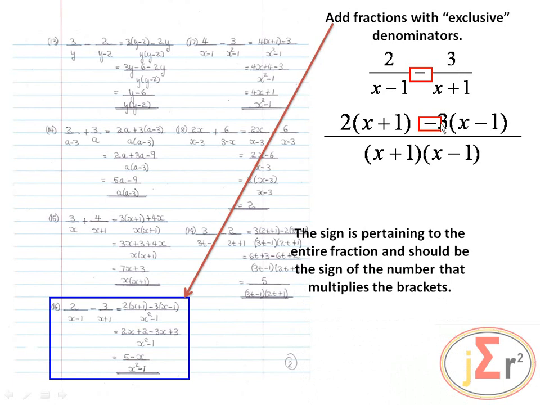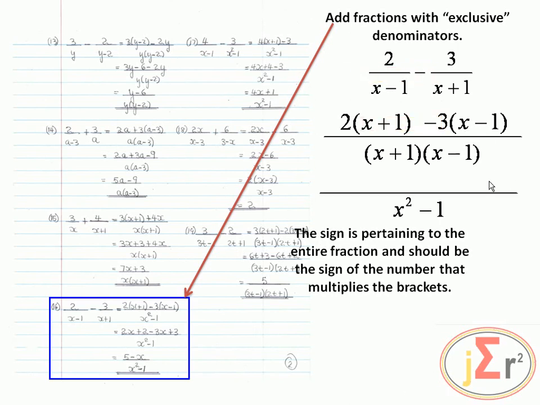Therefore, when we take the next step, this sign must be pertaining to the entire expression that follows, because the entire expression that follows is as a result of manipulating this second fraction. Therefore, this negative sign that we have right here should precede the rest of the expression. And we are saying the sign is pertaining to the entire fraction and should be the sign of the number that multiplies the brackets right there.